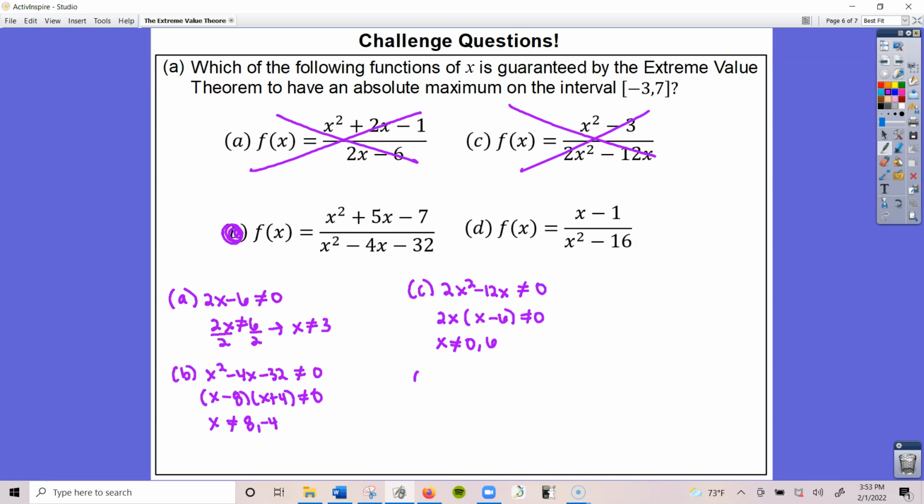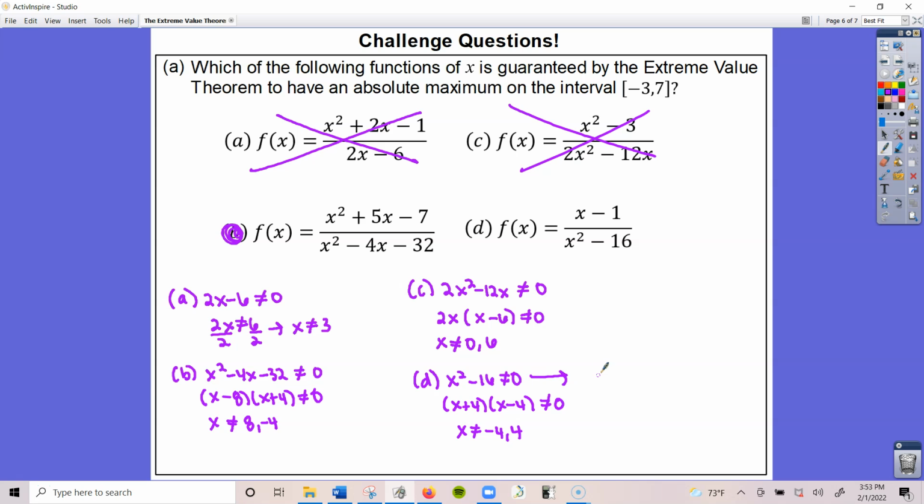And finally, if I do option D, x squared minus 16 cannot equal 0, we can solve this in two ways. You can either solve for x, or this is a difference of squares that can be factored as x plus 4, x minus 4. And we get here that x cannot equal -4 or +4.